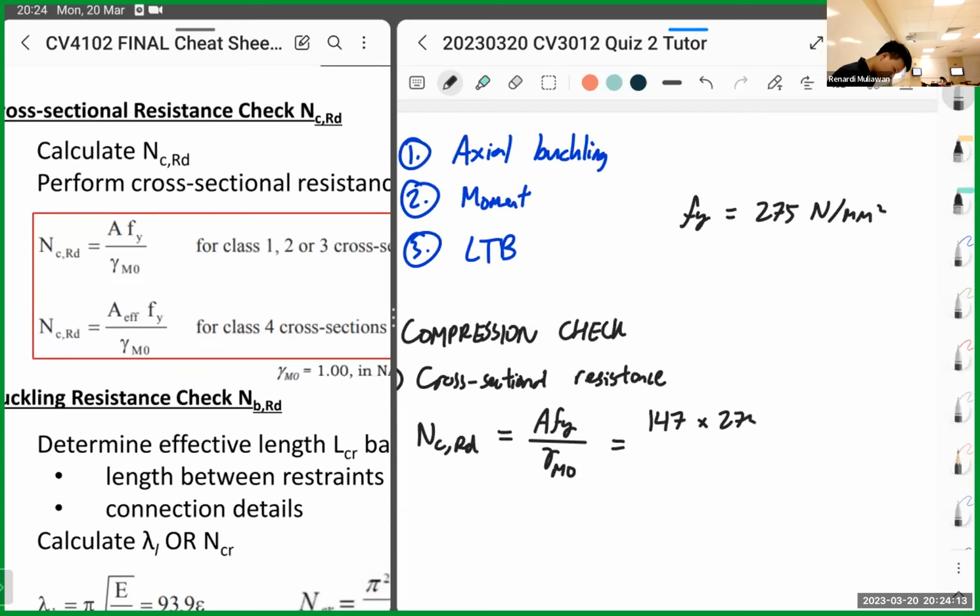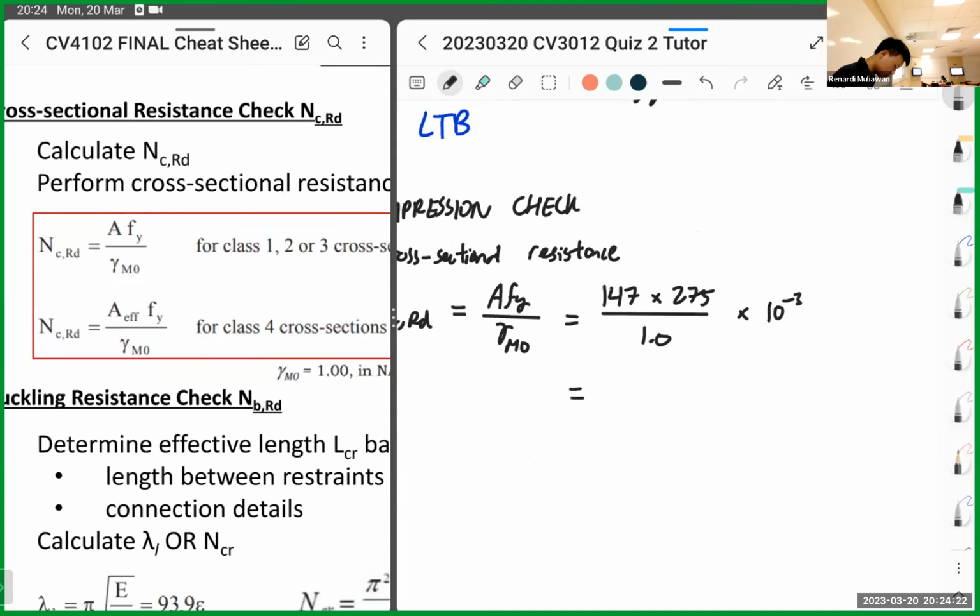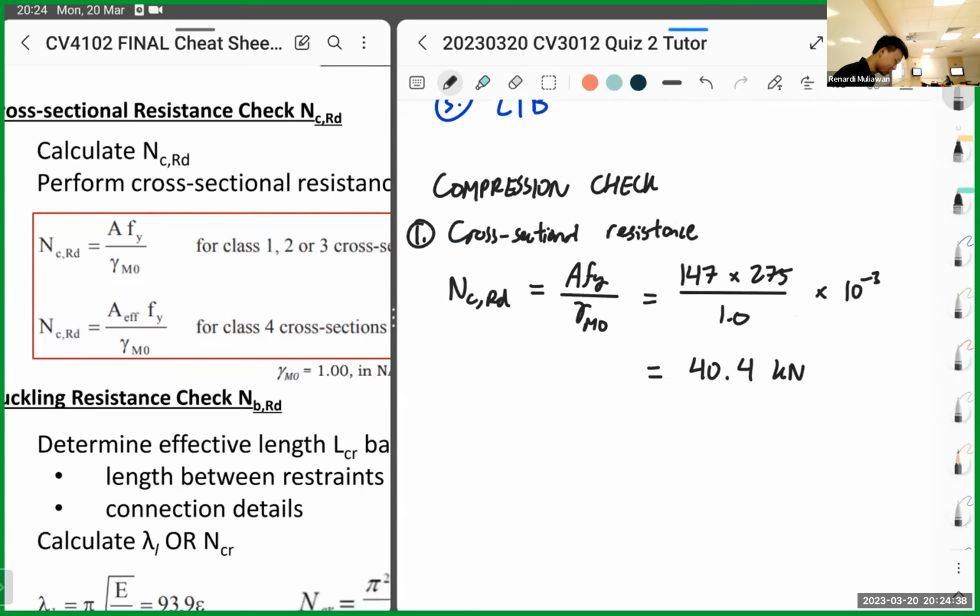So 275 divided by 1.0, then multiplied by 10 to the negative 3. So that's 147 times 275. It's 40.4 kilonewtons. Simple. So that's the cross-sectional resistance.